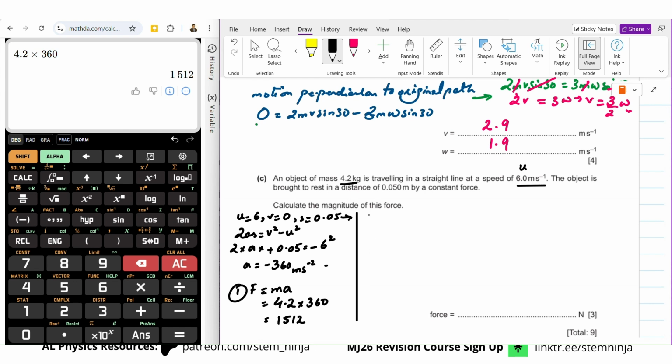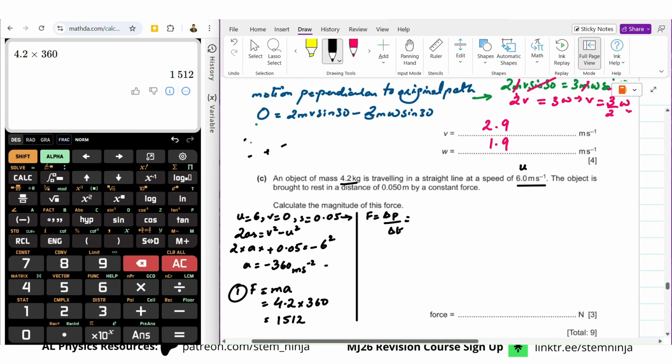Another method involves the rate of change of momentum. So if we can find out the change in momentum, then we would need to find out change in time. So change in time would be, v is equal to u plus at. Since we have already found the acceleration, you can find the time.